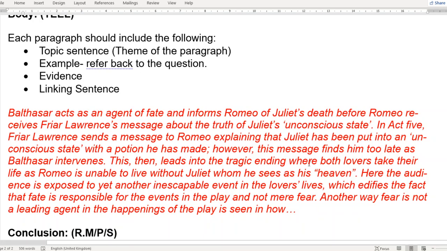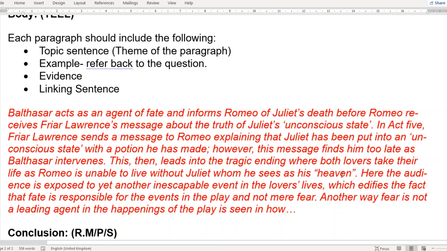So Romeo, earlier on, before this scene, refers to Juliet as his heaven. When Friar Lawrence tells him that he has been banished and won't be killed, he feels like he has been killed. For Juliet is his heaven, and without her he will live in hell.